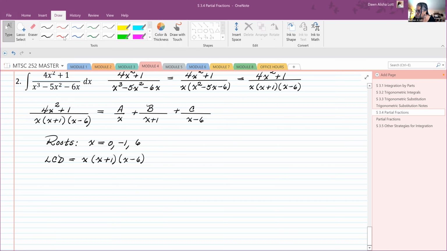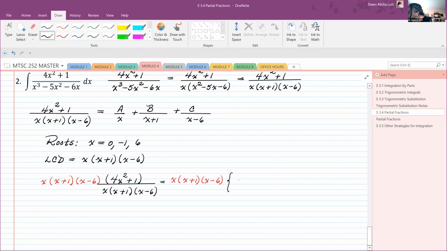So now I'm going to take x times (x plus 1) times (x minus 6) and multiply it by (4x squared plus 1) divided by x times (x plus 1) times (x minus 6), which equals x times (x plus 1) times (x minus 6) times A over x plus B over x plus 1 plus C over x minus 6.